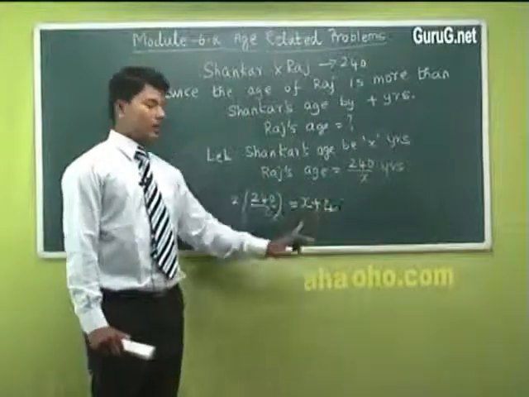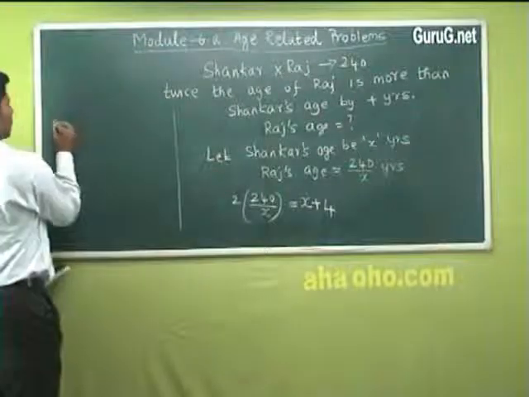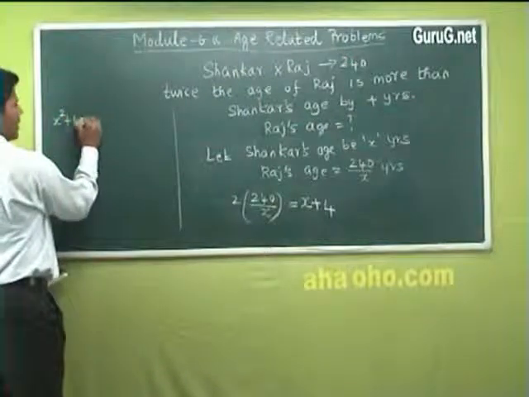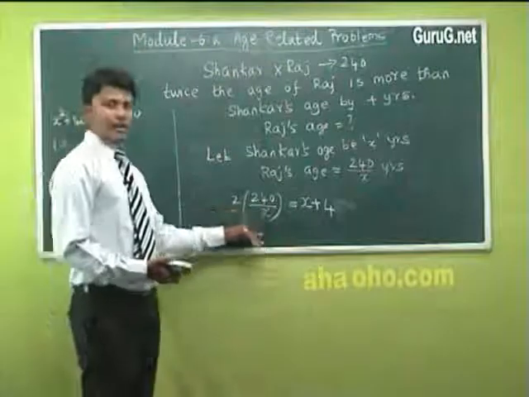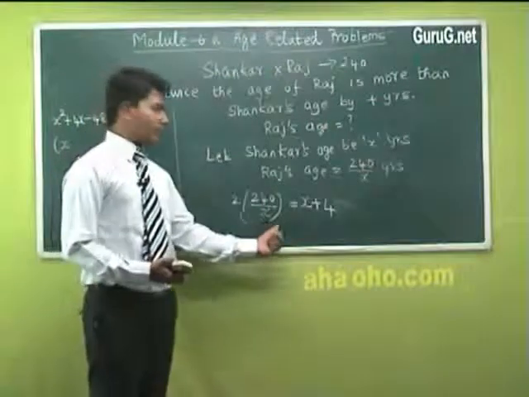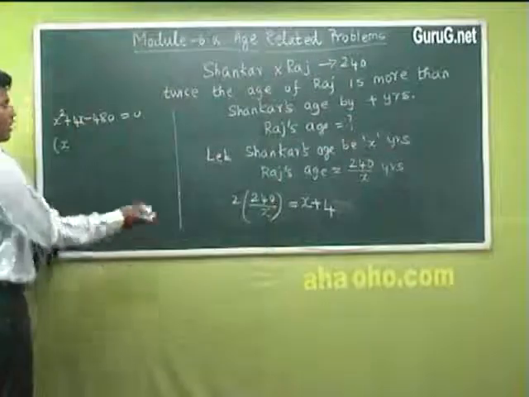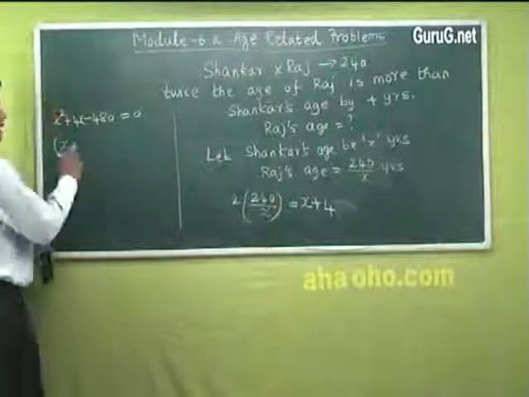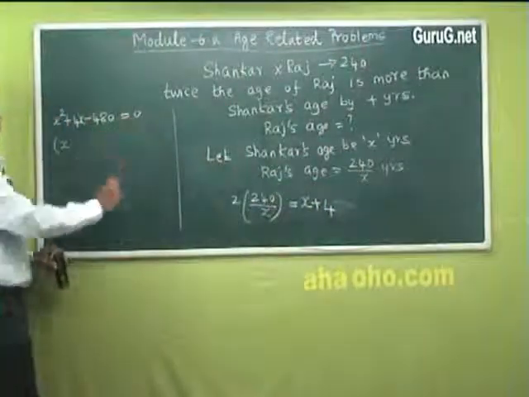Now form the equation. x into x is x square, x into 4 is 4x. So x square plus 4x, bring 480 to that side, minus 480 is equal to 0.